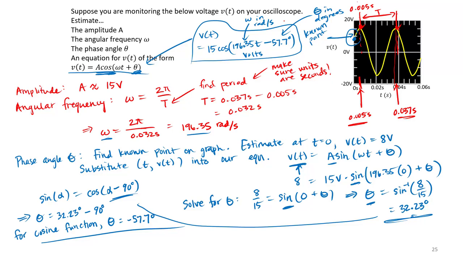Again, we'll see why we do that a little bit later on. All right, so that's it for this example. Definitely make sure you're comfortable with this process. You may see a similar question as this on our next homework assignment.